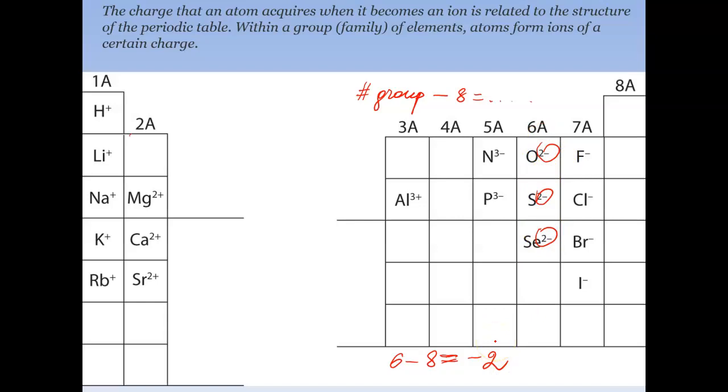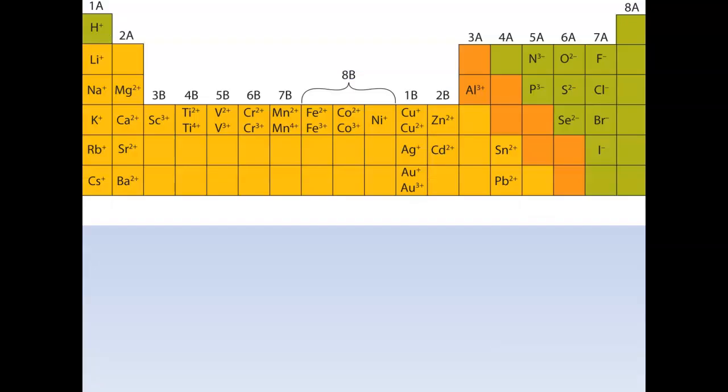And in chapter 3, there is a table which will help you to get the information about common charges for elements. So just pay attention to this. We already talked about 1A, 2A, and groups 3A to 7A; it's kind of easy, right?